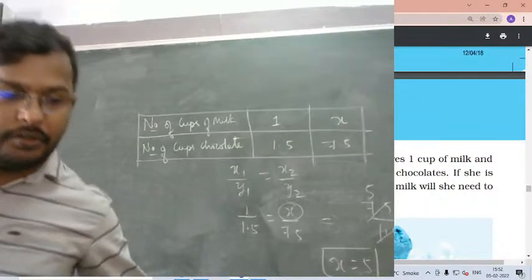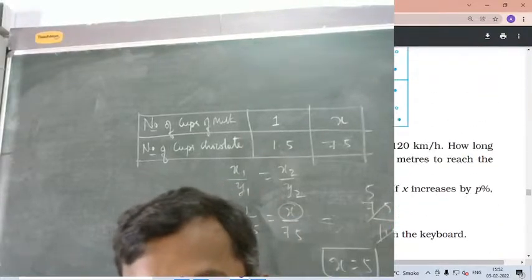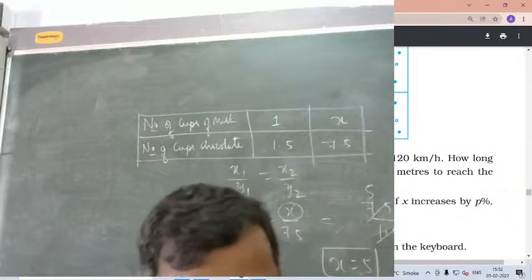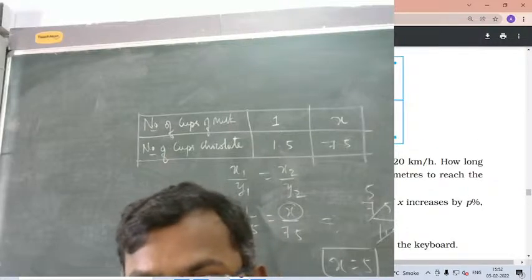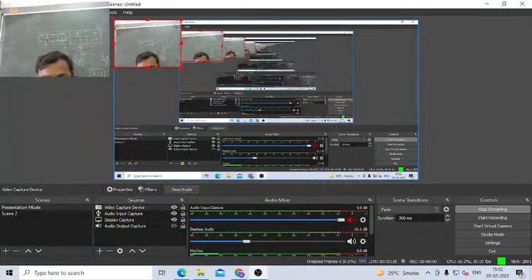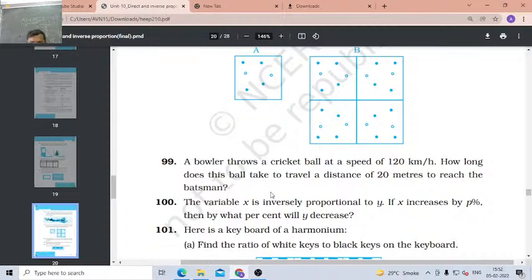Okay, so we'll go to the next question now. All of you do question number 99. Just 1 minute. Yes. So now all of you do question number 99. A bowler throws a cricket ball at a speed of 120 km per hour.